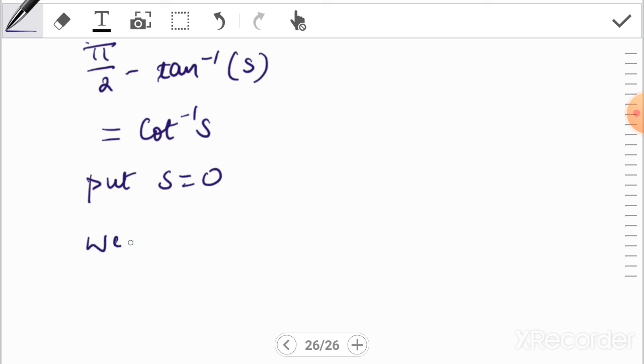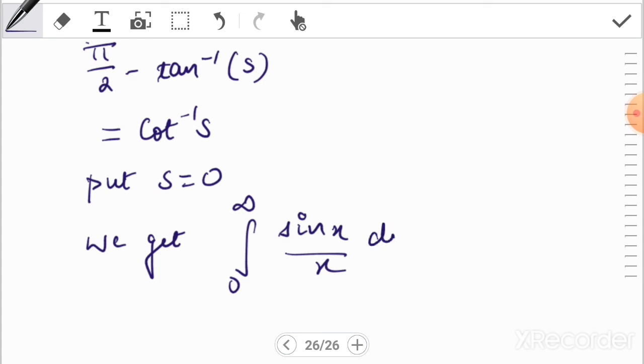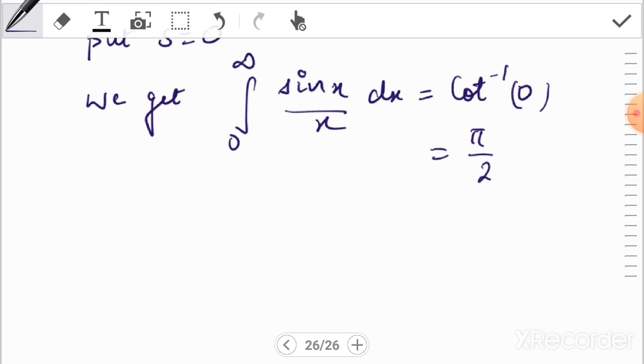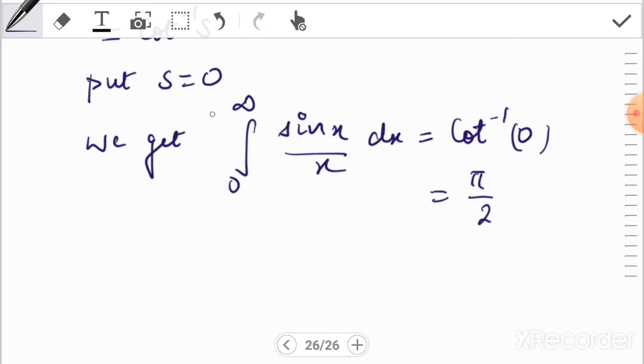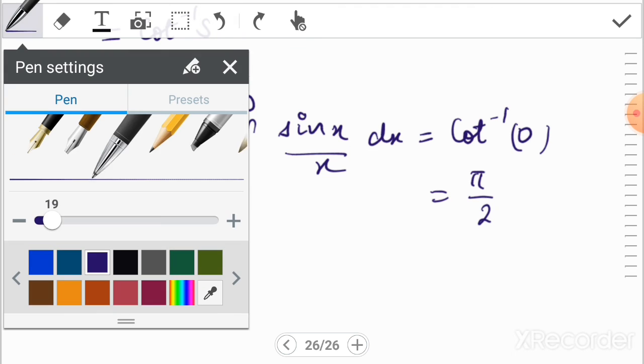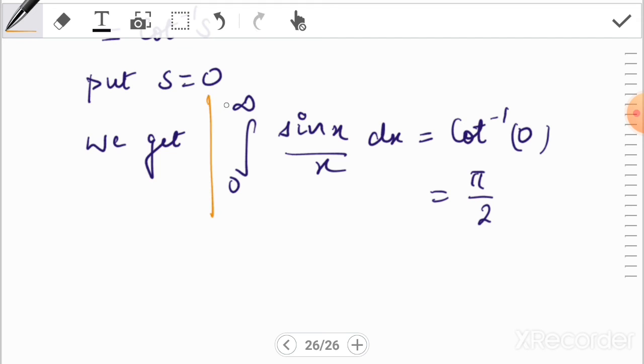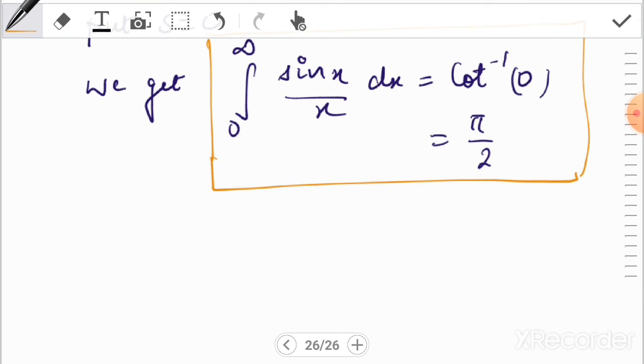We get integral 0 to infinite sin x by x dx is equal to cot inverse 0, which is equal to pi by 2. So this is an important result.